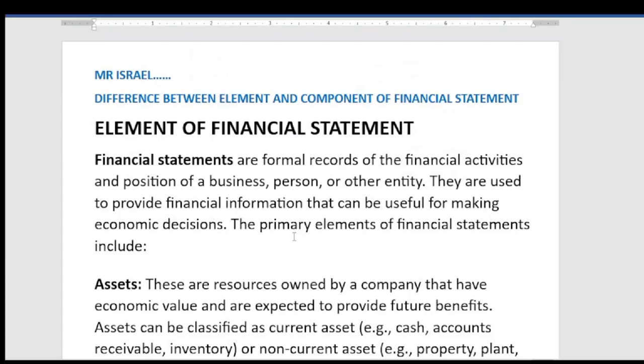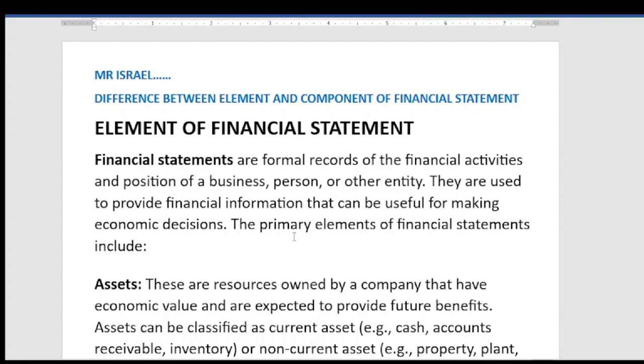Welcome once again. Today we're going to look straight into the difference between elements and components of financial statement. When you talk about elements and components, this has been something that is confusing so many people, maybe in practice or in exam situation.